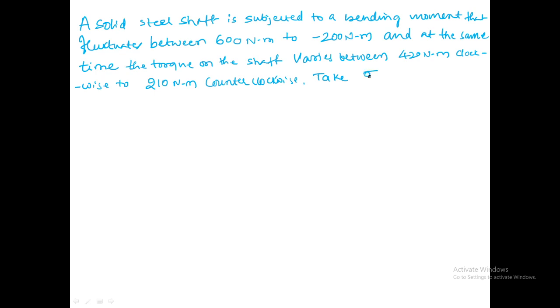So, take sigma u equal to 500 megapascal, sigma y equal to 360 megapascal, okay, and design factor equal to 2. Neglect stress concentration effects.